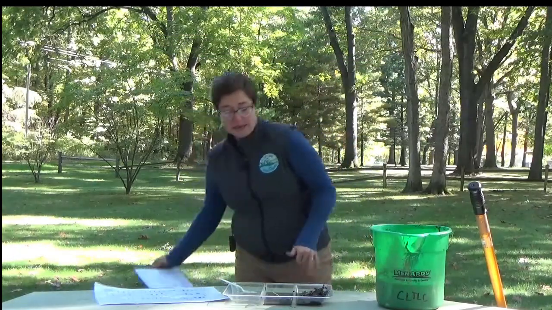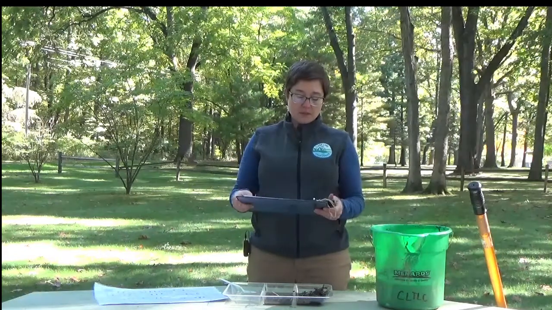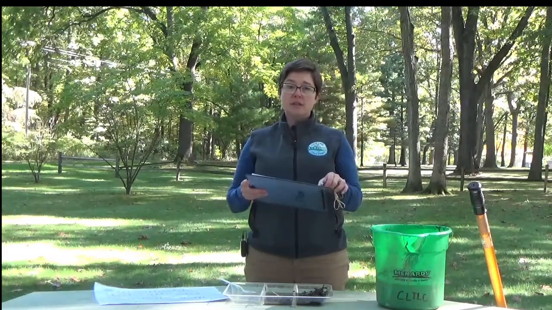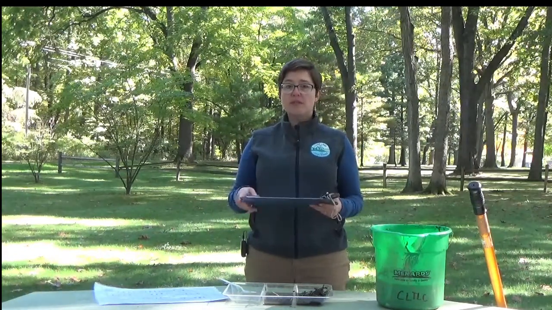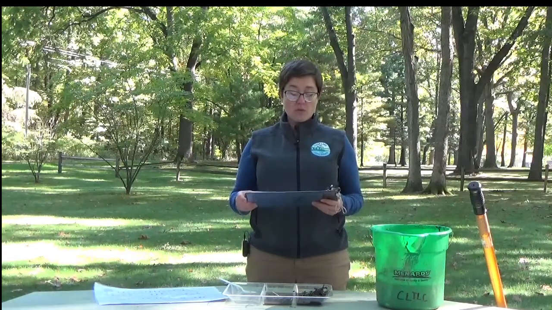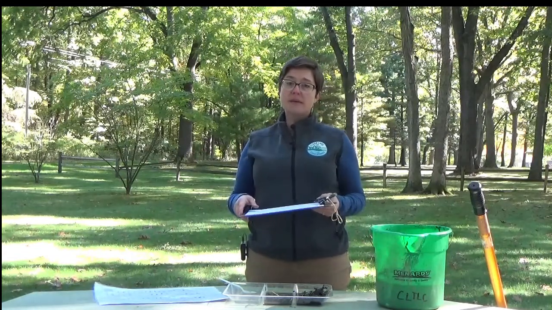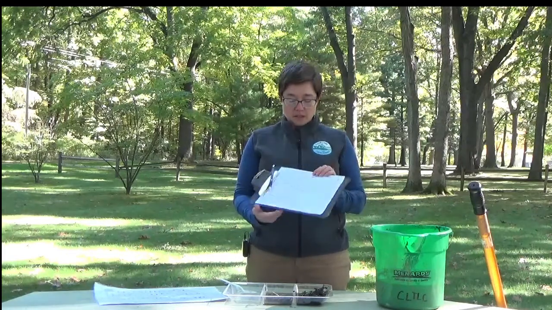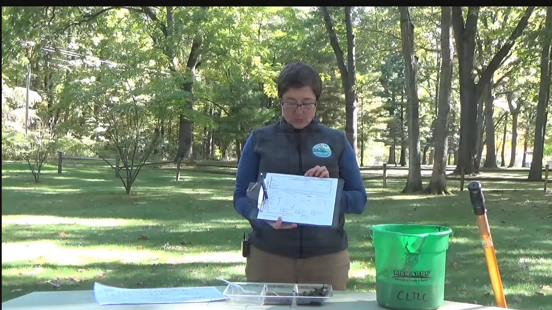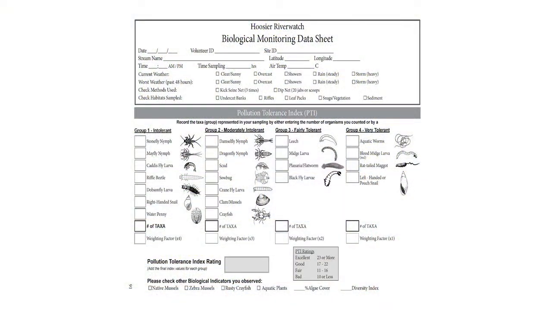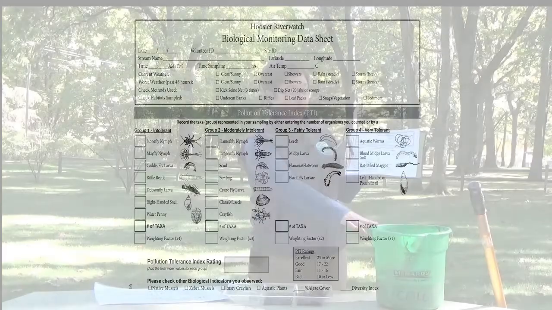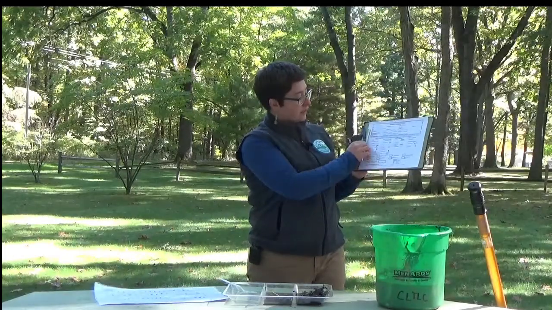So why does this matter? This is important because when we do sampling, like I said earlier, depending on what macroinvertebrates are in the water or what are not in the water, we can have some idea of water quality. So using the Hoosier River Watch monitoring data sheet, we can assess our sample and mark off what we have present.